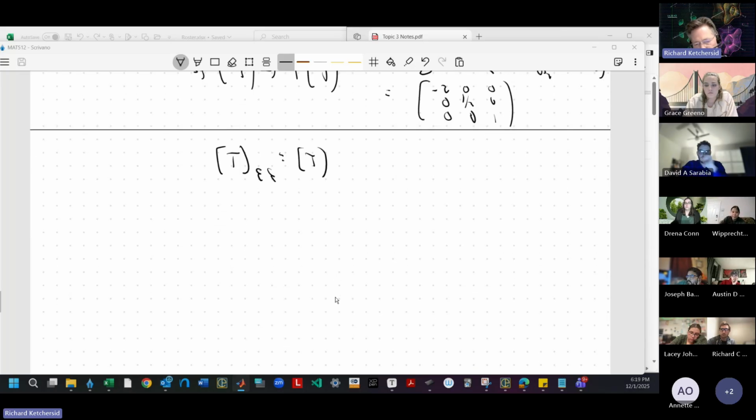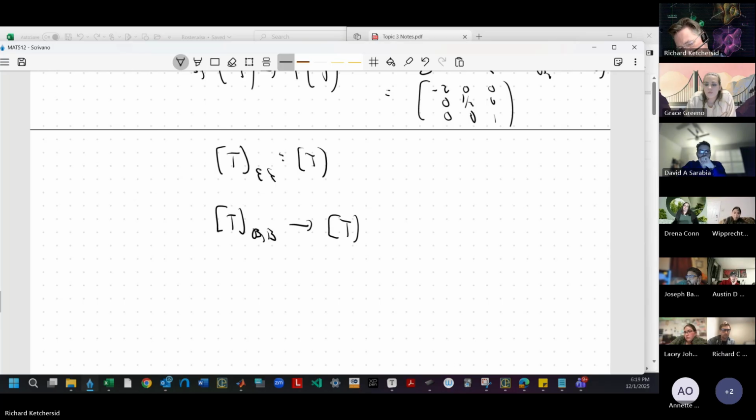Let's think if we had T_BB. So we have just going from B to B, right? And I want to change this to T standard. In this case, I usually just write T, right, like that. Well, what are you really doing? You're really going from E to B using the identity, right?